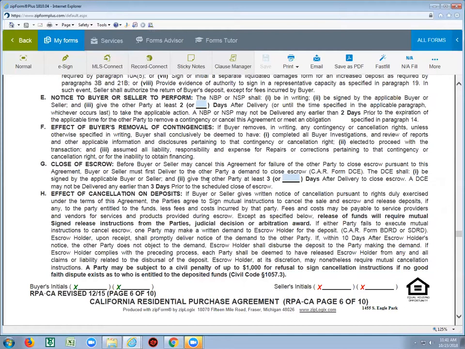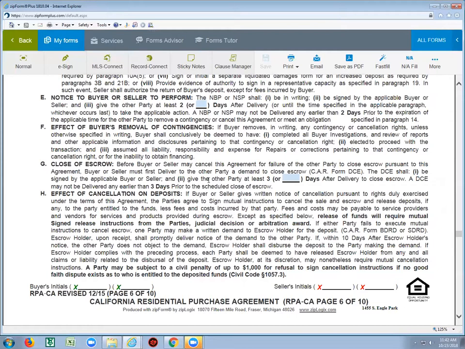Or until the time specified in the applicable paragraph, whichever occurs last, to take the applicable action. A, the NBP or NSP may not be delivered any earlier than 2 days prior to the expiration of the applicable time of the other party, to remove contingency and cancel this agreement and meet the obligation specified in paragraph 14.